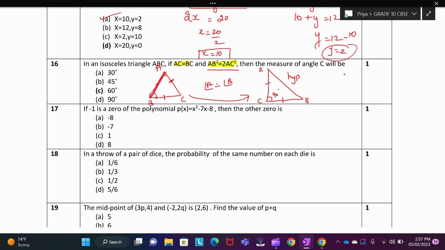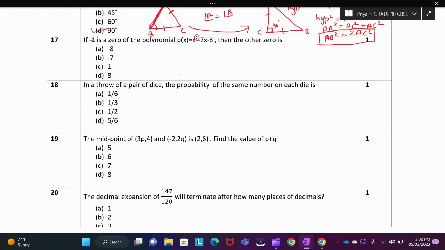Since these two are equal, that is AC is equal to BC, if I want to find the hypotenuse side of this right angle triangle, hypotenuse square is equal to AC square plus BC square. And I know BC is nothing but AC, isn't it? So AC square plus AC square is going to be 2AC square, and hypotenuse side is nothing but AB square. So this relation will satisfy only when C is right angle.